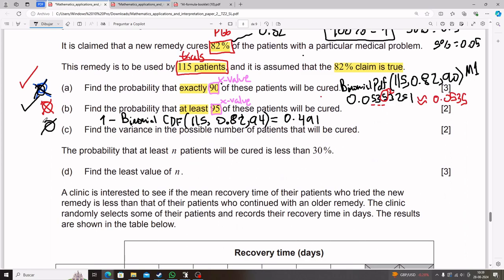For part C, it's fairly easy, but you do have to know one specific thing. So for part C, you need to find the variance in the possible number of patients that will be cured. Now this is actually extremely easy, but don't freak out, okay? Here's the point. The moment you read variance, this is a massive buzzword that should immediately get you thinking, okay?